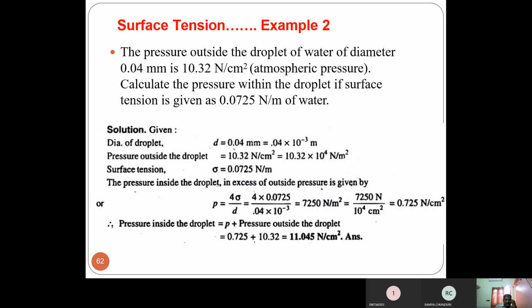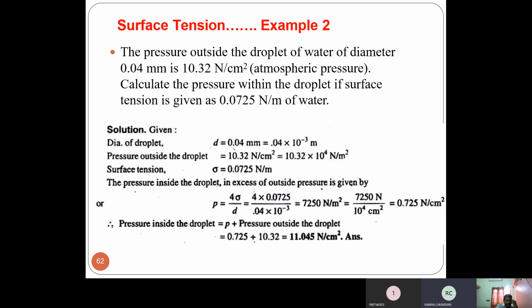Okay, what does he ask us to calculate? The pressure within the droplet. If you want to calculate the pressure inside the droplet, we have to consider the pressure outside of the droplet also. This 10.32 is the outside pressure, and 0.725 is the excess pressure.